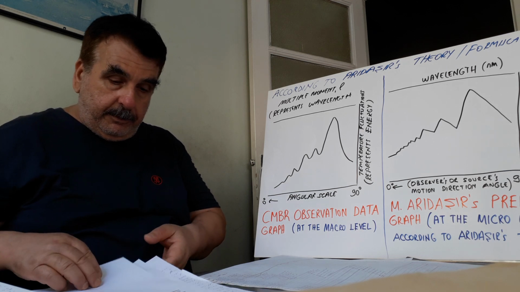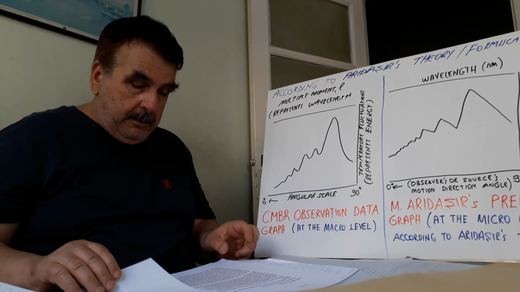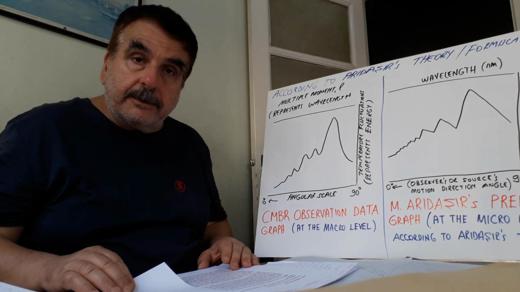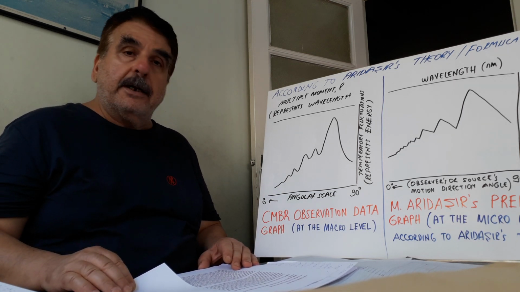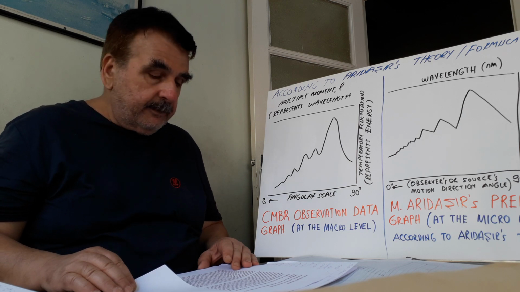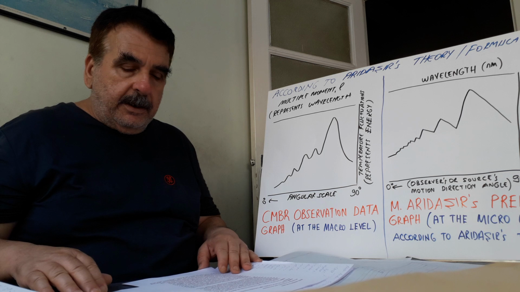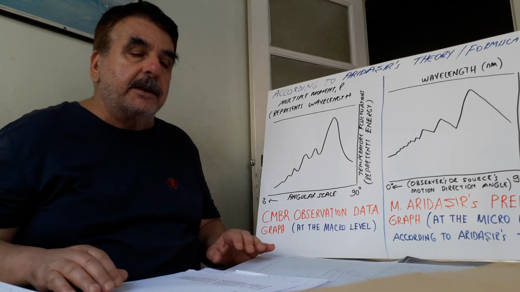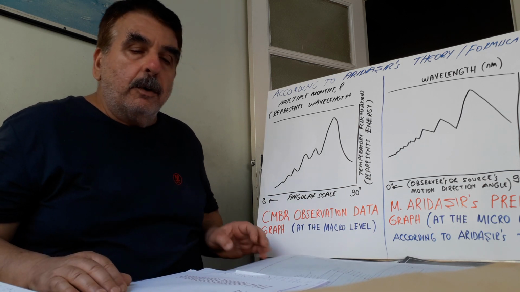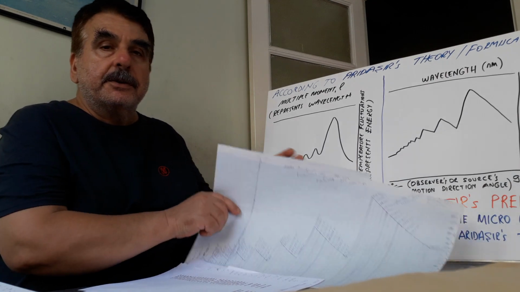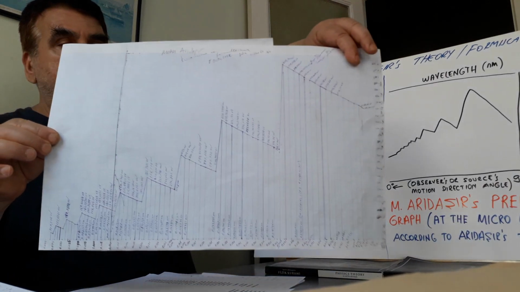This is so important. I didn't know what kind of graph would come out when I did all these calculations. After 3 days of calculating and drawing, when I finished drawing, it was the blackbody radiation graph.